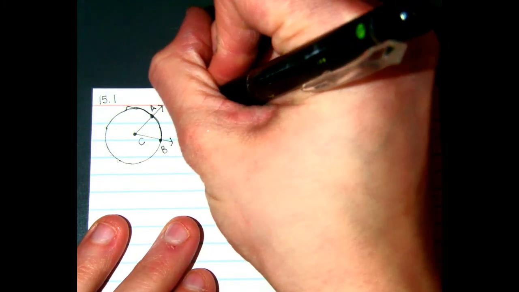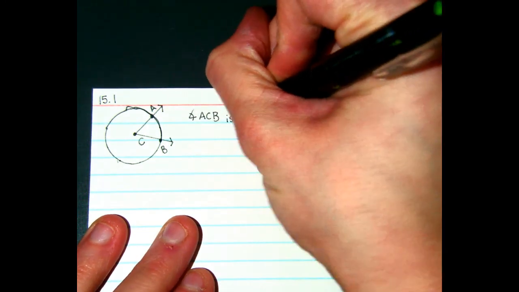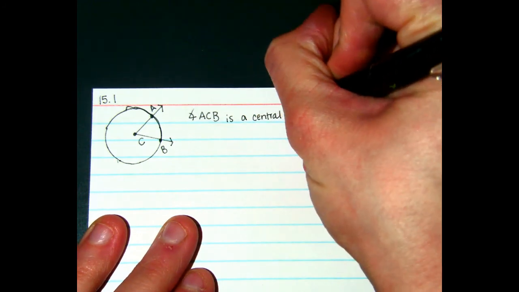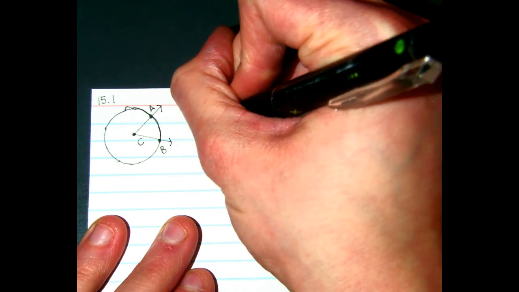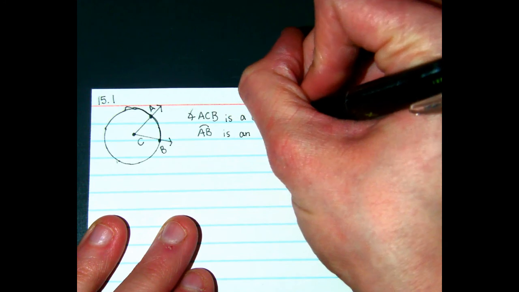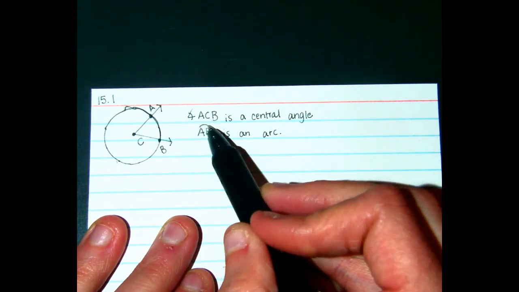Alright, angle ACB is a central angle. You need to know also that AB is an arc. Arc is denoted with this little curved arc literally right over it.